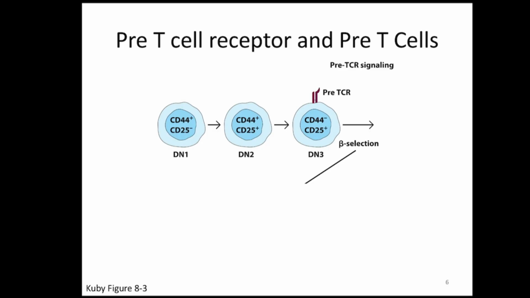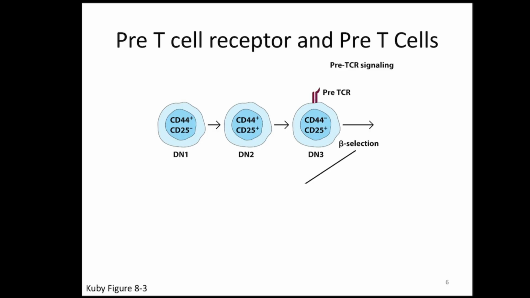And you can see that DN3 has a pre-T cell receptor on its surface, where we have that beta heavy chain along with some other light chain, because we haven't made light chain yet. We have to have our surrogate light chain.